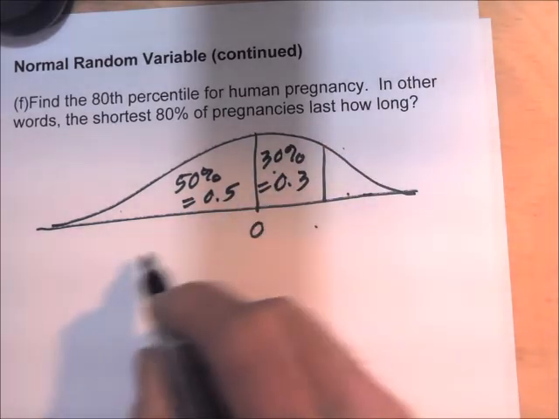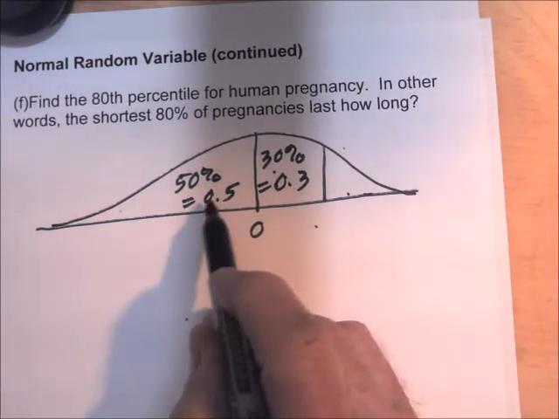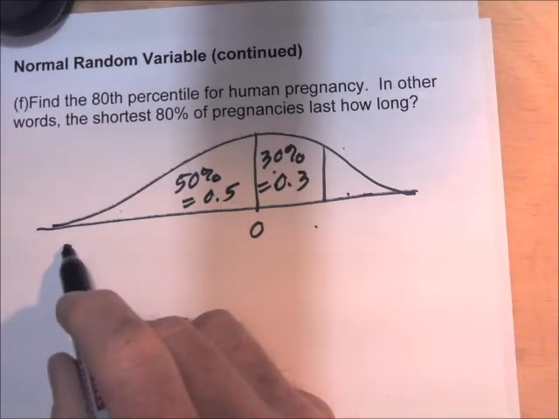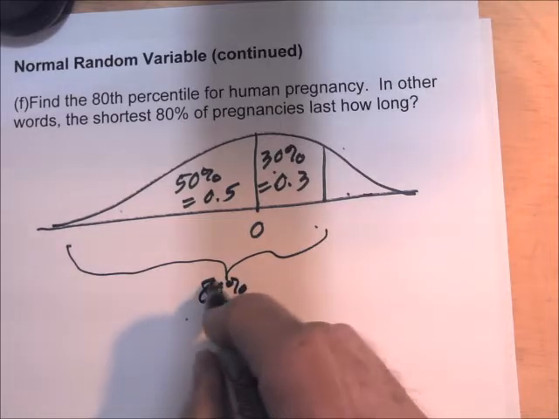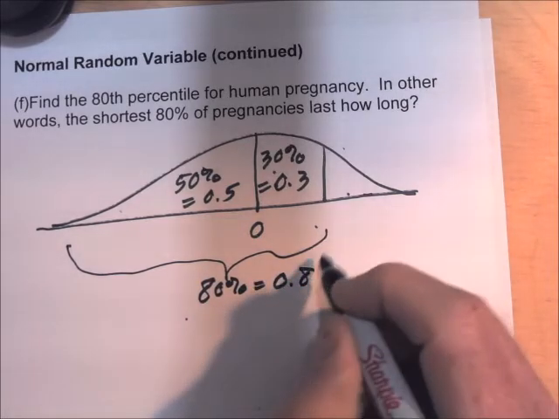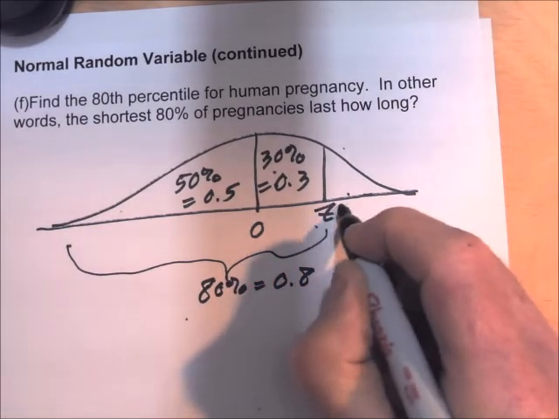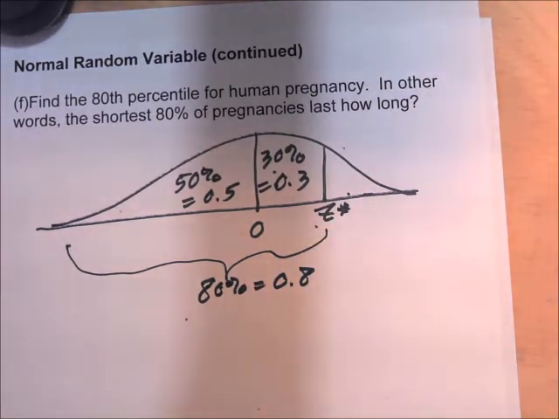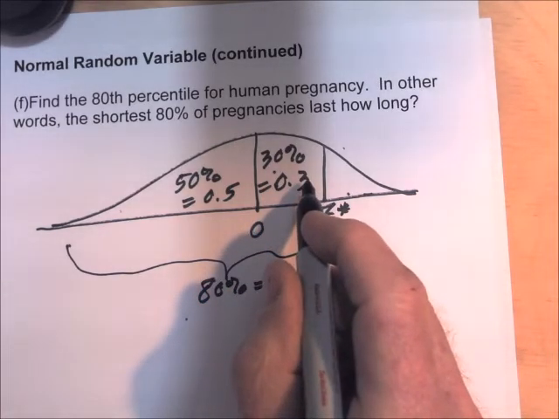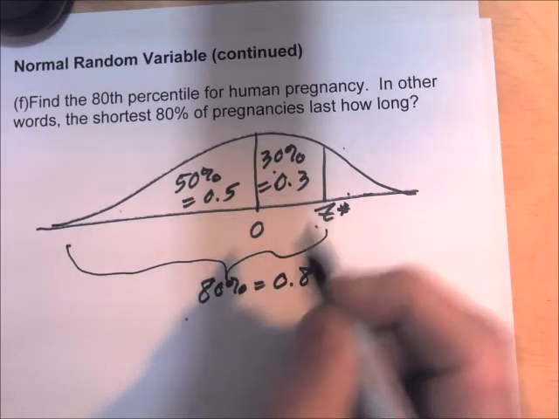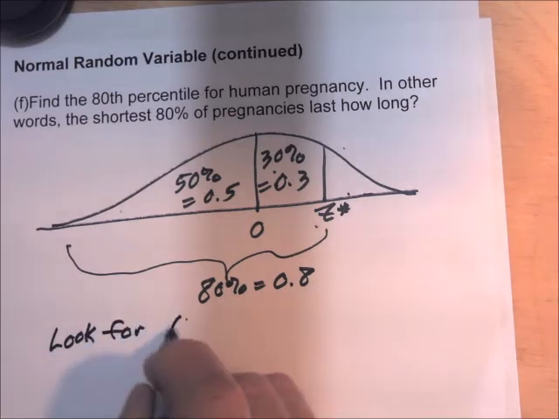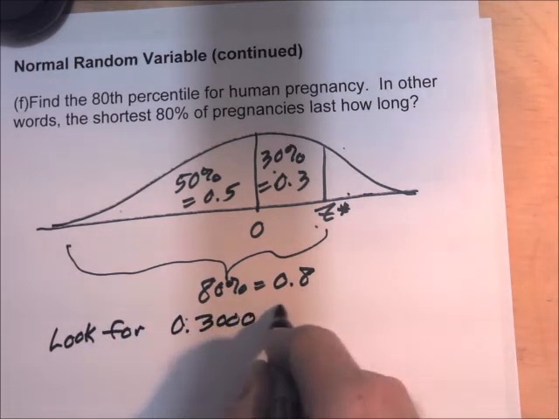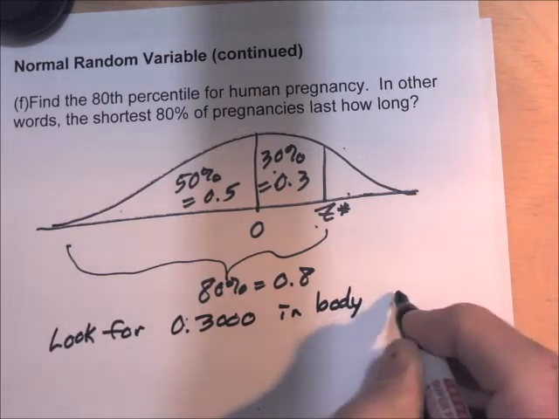So everything up to here is going to be 0.8 or 80%. Okay, so our z star is going to be right here. We want to look for 0.3000 in the body of the z table. Again, we're using the z table in reverse.